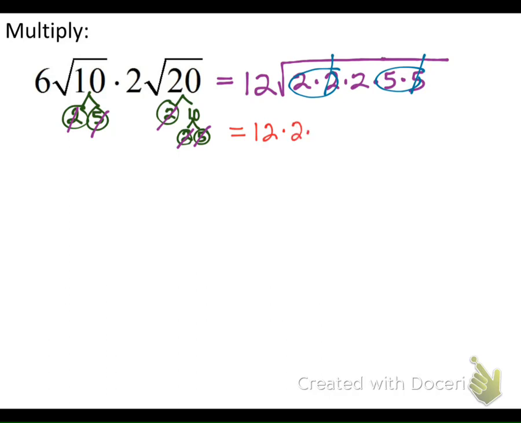Wait, won't it be 5? It'll be 5 because I only put my circled pairs. What's stuck on the inside that did not have a pair? 2. And from here, we go ahead and simplify our coefficient. So 12 times 2 times 5 is 120. And then the radicand stays the same because we don't have to simplify it. And that's my final answer.